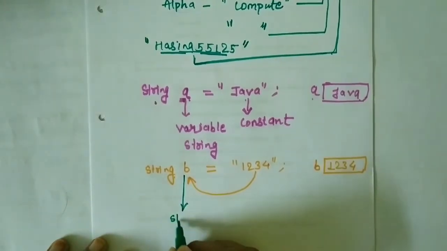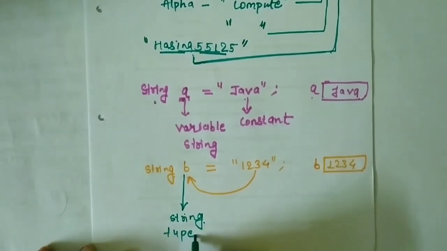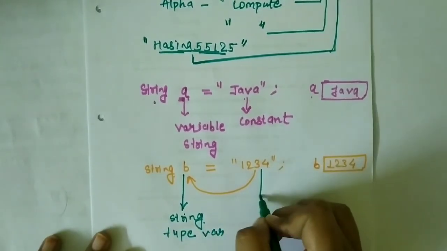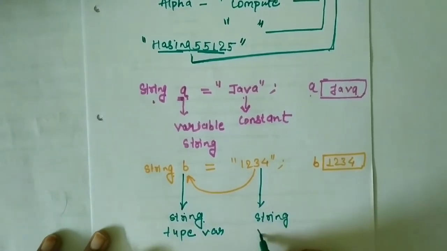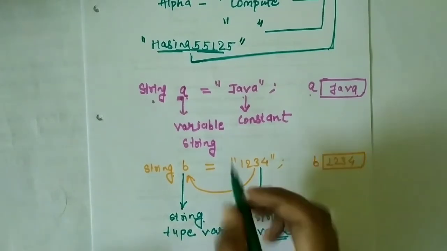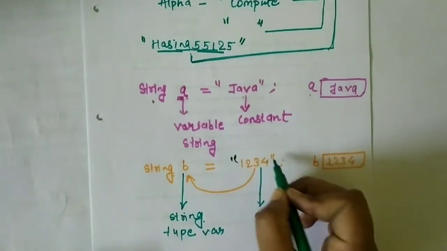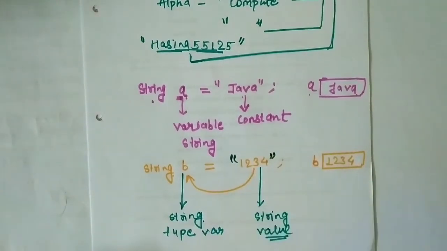A string type variable. And 1 2 3 4 is a string value. How can we identify that this value is a string value? Because of the double quotes. Anything between double quotes is called a string.